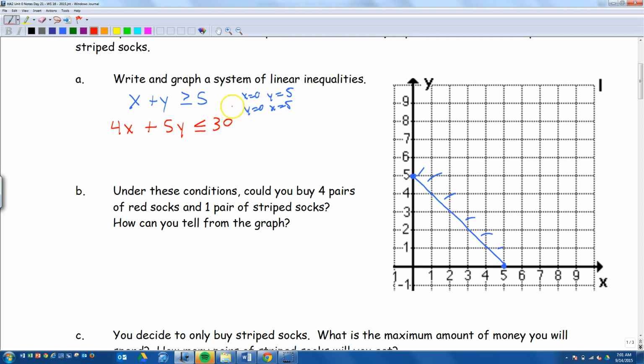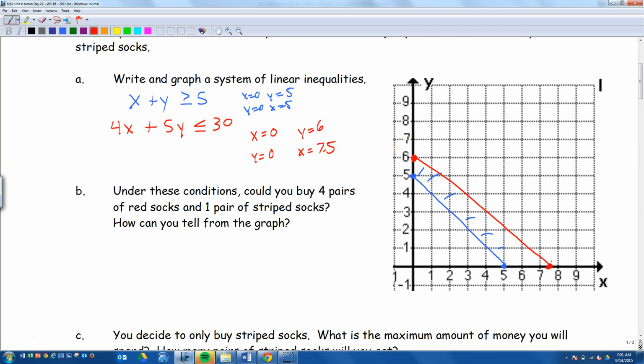Now we have this one here. 4x plus 5y is less than or equal to 30. If x equals 0, y equals 6, and if y equals 0, 30 divided by 4 is 7.5. So I'm going from 7.5 up to 6. Now in this case, just get a straight edge and make the straight line.